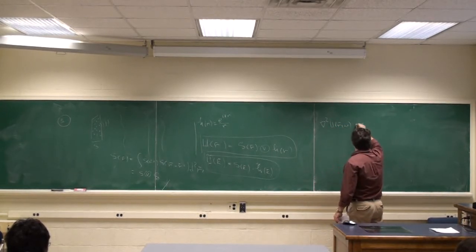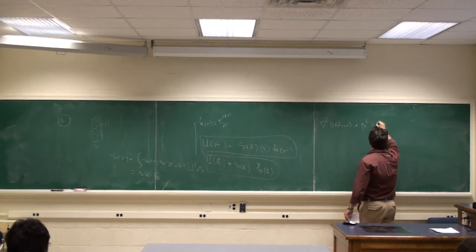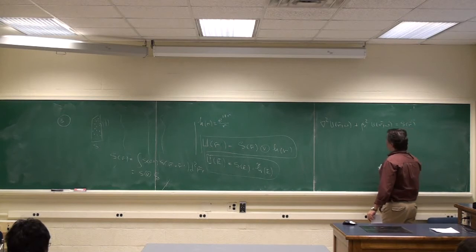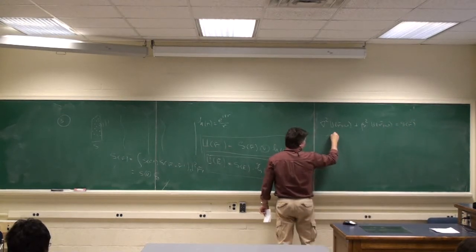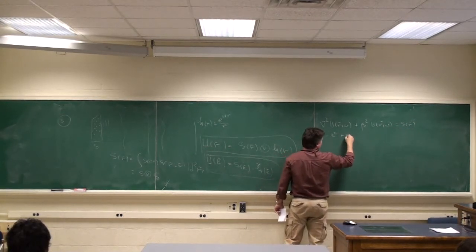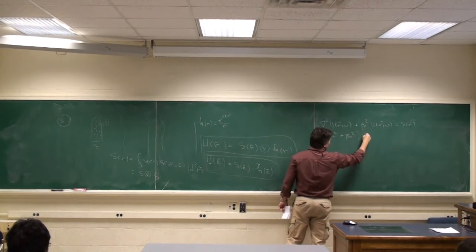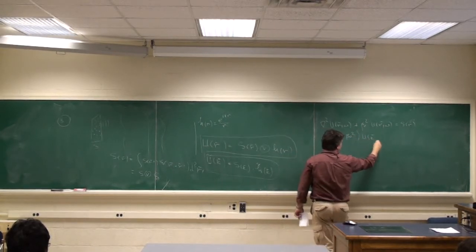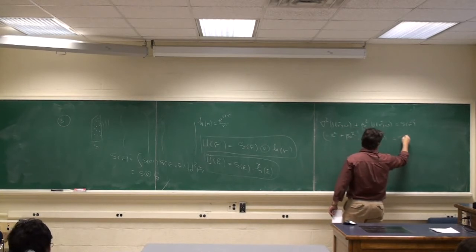So plus beta naught square S of r. If we take the Fourier transform of that, we have minus k naught plus beta naught squared u of k and omega equals S of k.